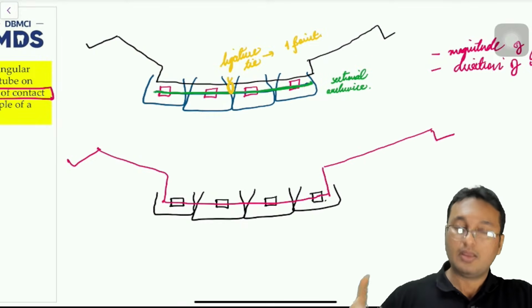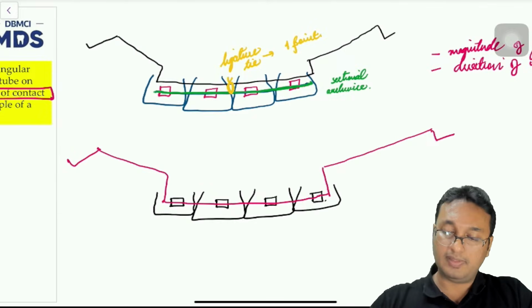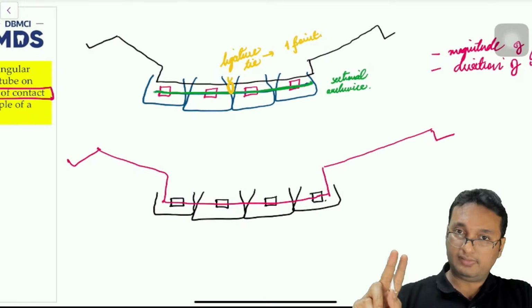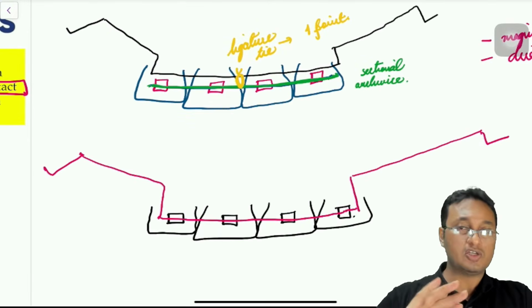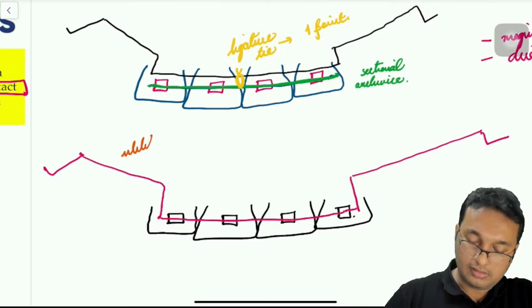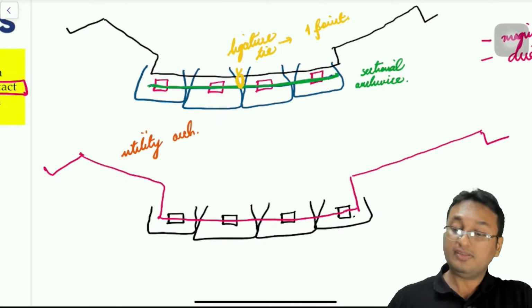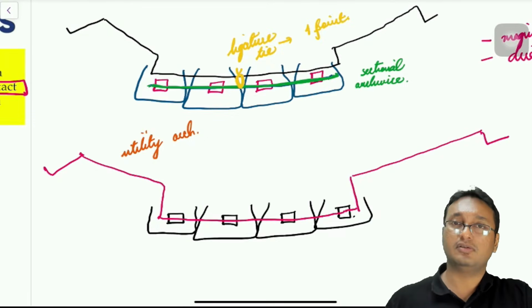Now you see the fundamental difference between one couple and two couple system is that in two couple system, we don't use a sectional arch wire. A sectional arch wire is not used. What we use instead, the same utility arch, the anterior section of the utility arch goes inside the bracket slot of the lateral incisor to lateral incisor as a single unit.